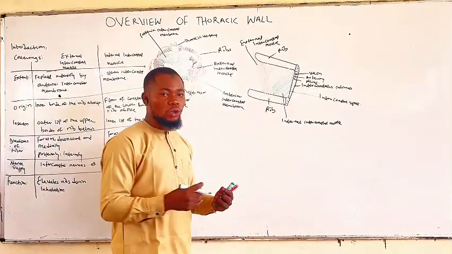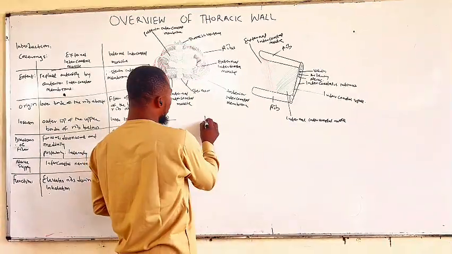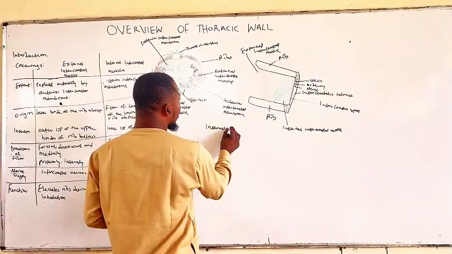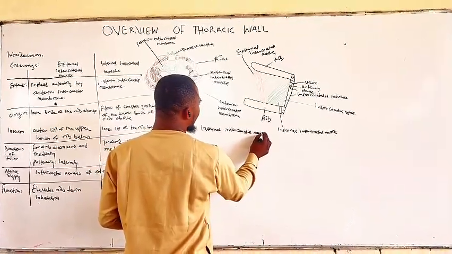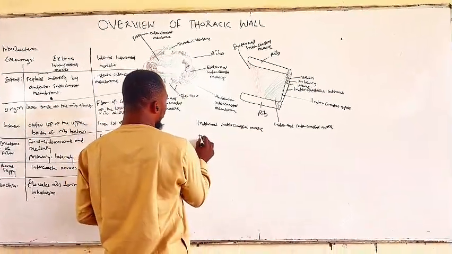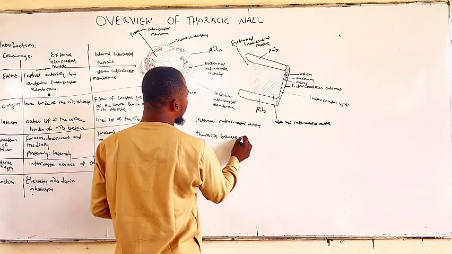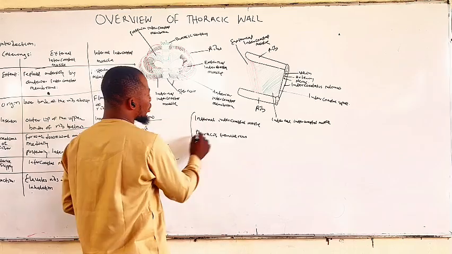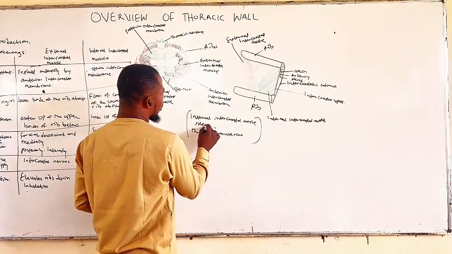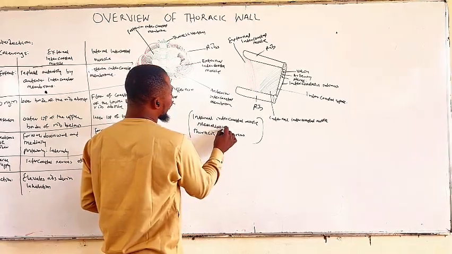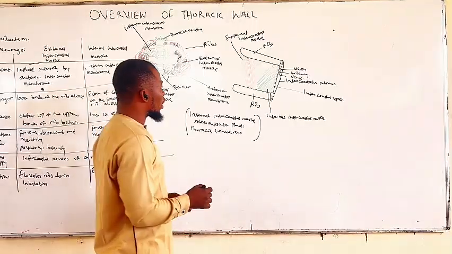That layer is called the neurovascular plane, and it is located between the internal intercostal muscle and the transversus thoracis. So between these layers of muscle is where the neurovascular plane is located. We should take note of that.